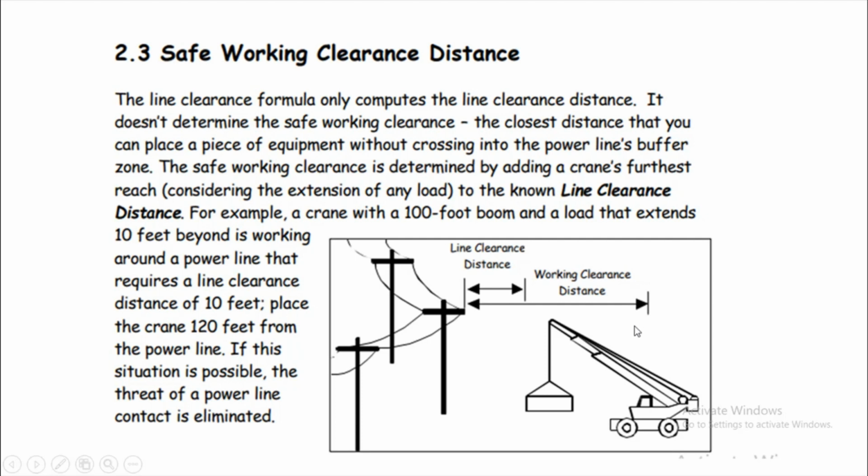But if you place the crane away from the power lines, that is the safe working clearance distance. So you need to add the dimension of the crane plus the line clearance distance, and that is your safe working clearance distance.